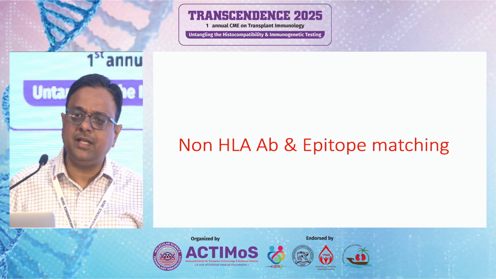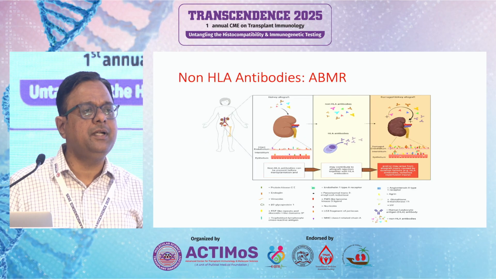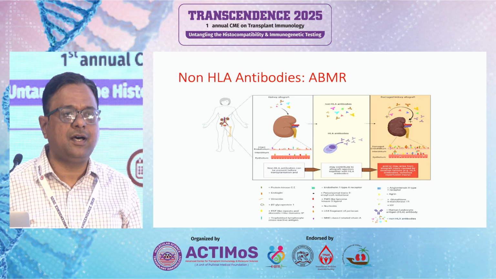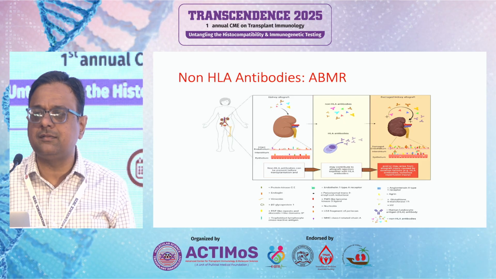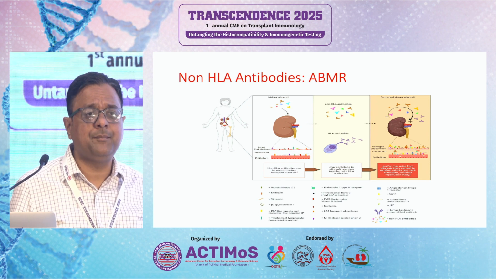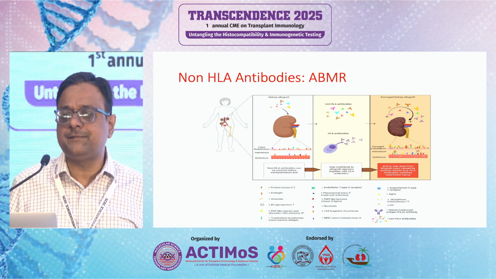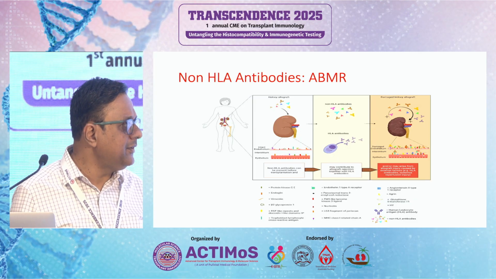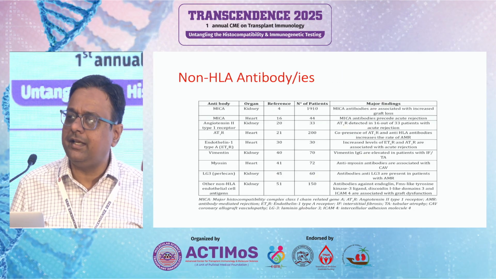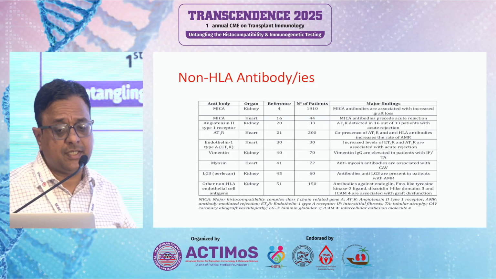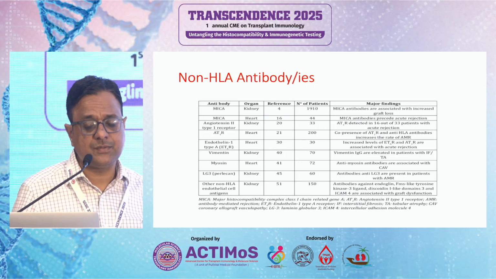A little bit about non-HLA antibodies. Over a period of time, we have realized that grafts are failing not only because of HLA antibodies. Sometimes the single antigen test is negative, with no donor specific antibody, yet we have clear proof of ABMR. So we have realized there are some non-HLA antibodies, such as MIC-A, B, endothelin, myosin, and so on.